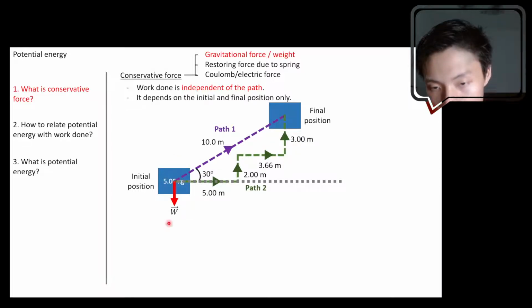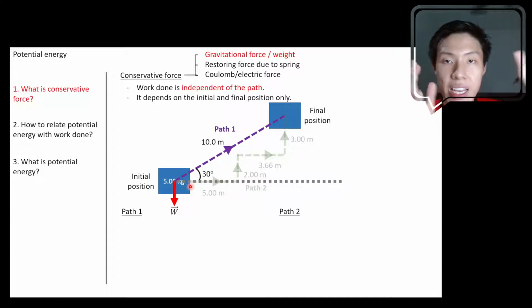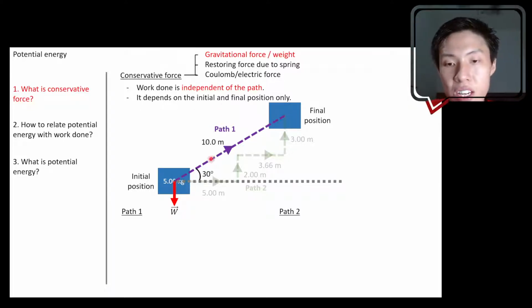So our gravitational force is our focus right now. So let's try to determine the work done if we use path 1. For path 1, we know our force, our weight, is always pointing downwards. How about the displacement? We know that work done is always force, displacement and the angle between force and displacement. So our displacement will be indicated as this black arrow over here.